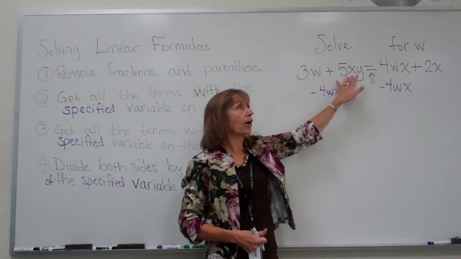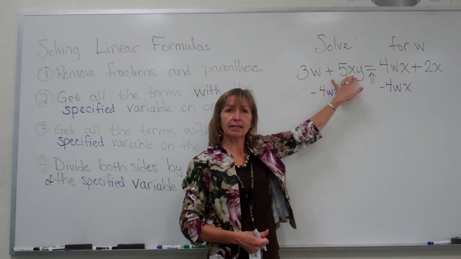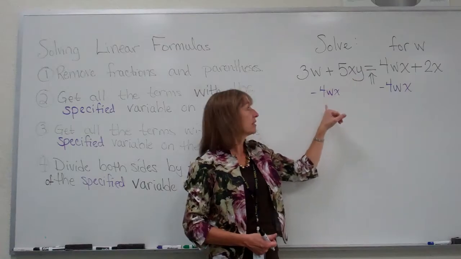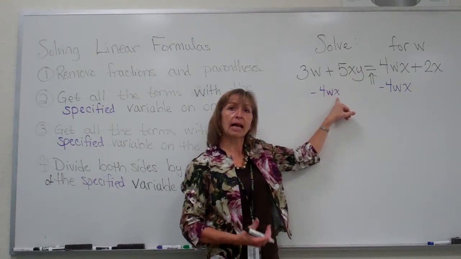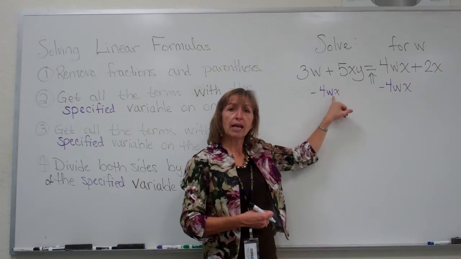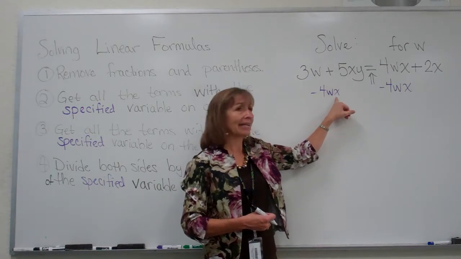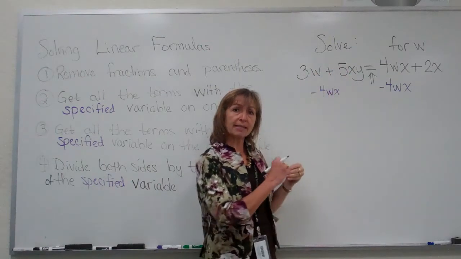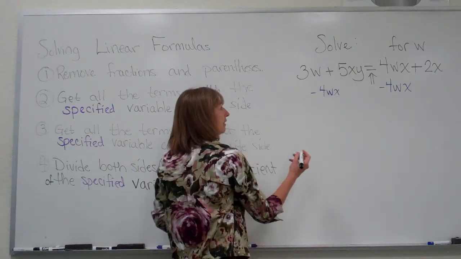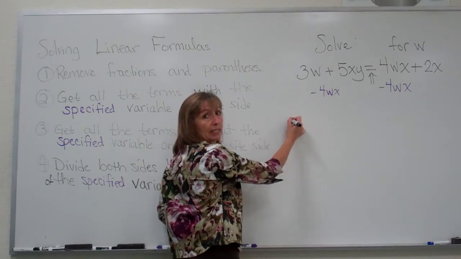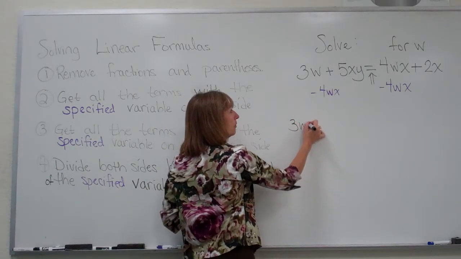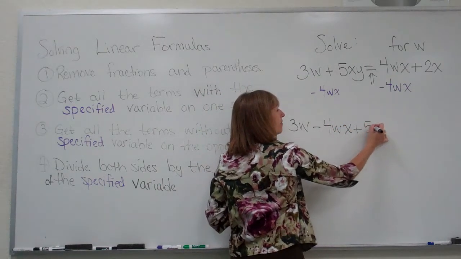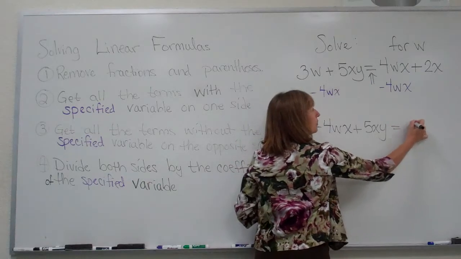This other term of 5xy on the left side has the variable factors xy. They're not like terms. And this minus 4wx that I subtracted when I moved that over has the variable factors w and x. It's also not a like term with the other ones that are already over here. So the best I can do is just write out that left-hand side with each of those three individual terms. 3w minus 4wx plus 5xy is equal to 2x.